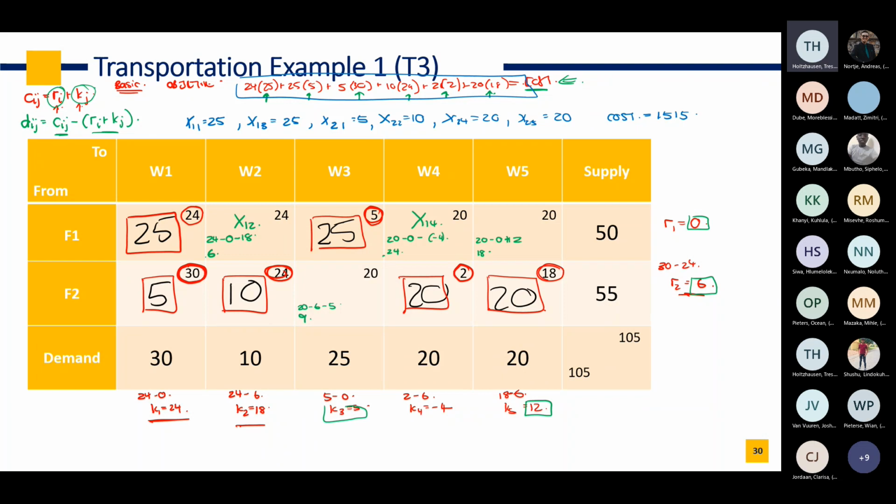So we have an optimal solution. The optimal solution is where all these points have these values, and all the others are equal to 0. You can write out the others equal to 0, but we only really care about the ones that are not 0, with a cost value of 1515. Any questions at this moment in time?